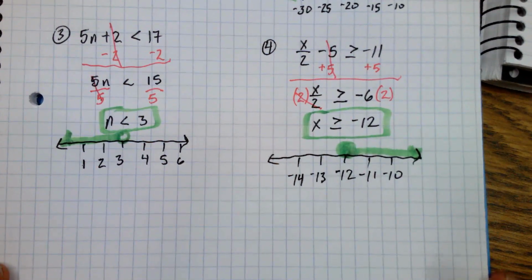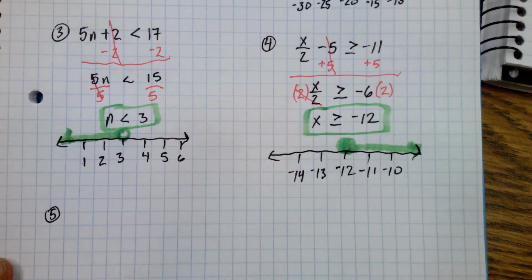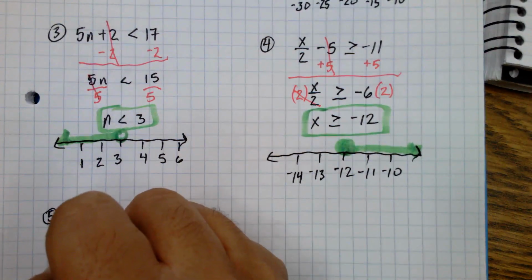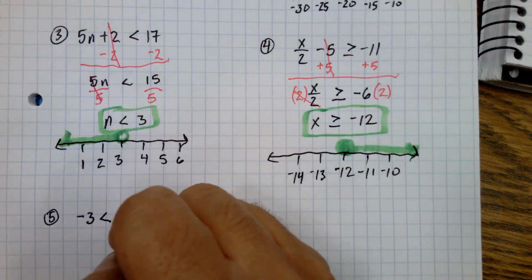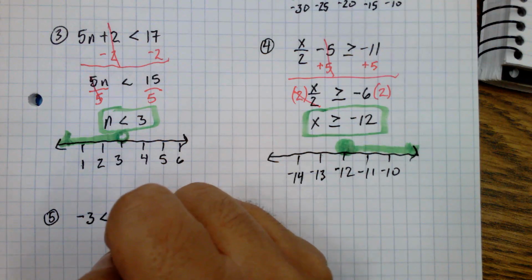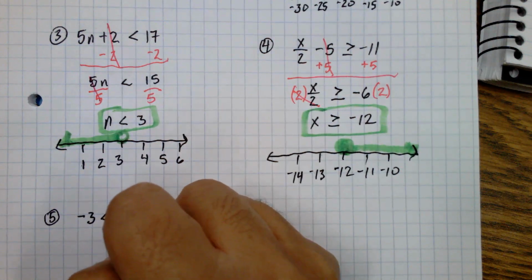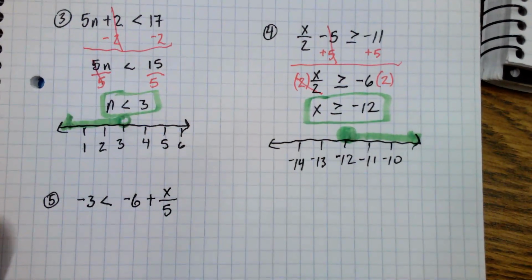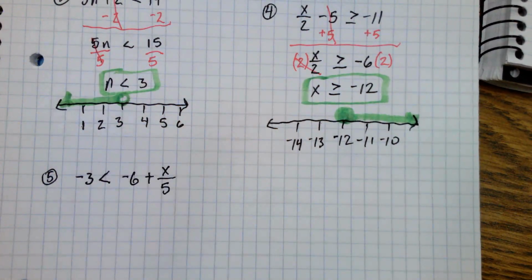So number 5, and we'll call it negative 3 is less than negative 6 plus x fifths. All right, so let's try this.